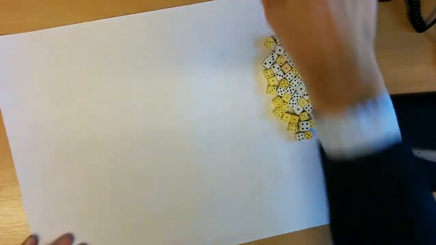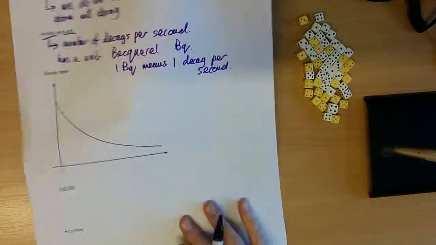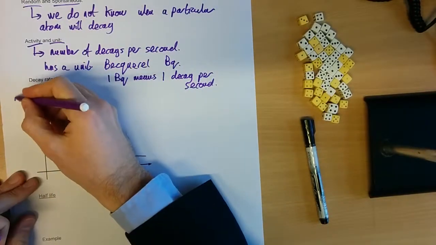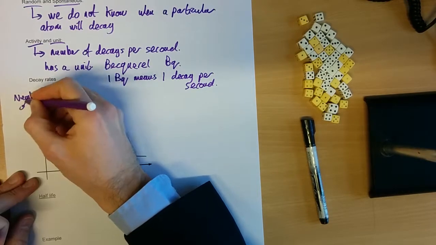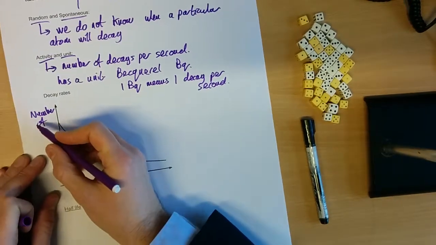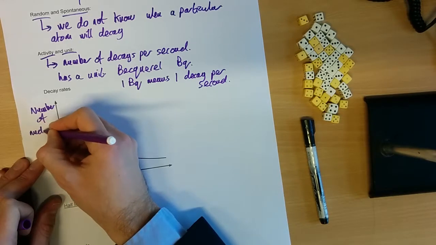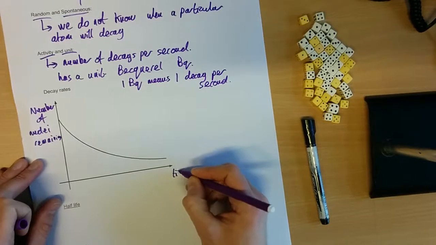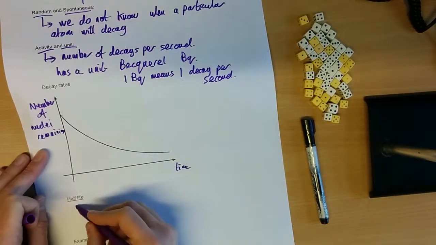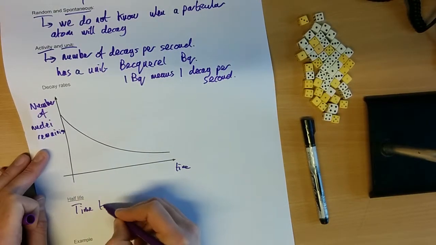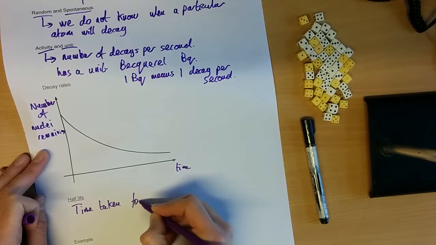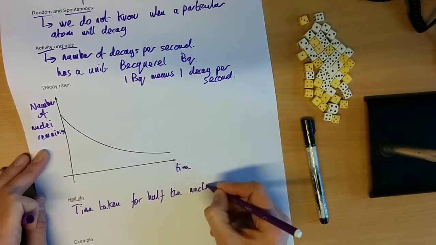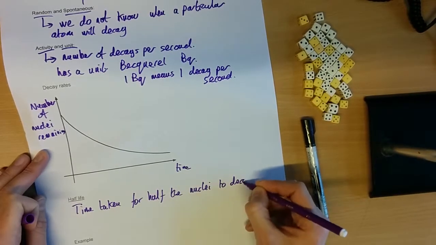So back over here. If this is our graph, this is the number of atoms or nuclei remaining, and then this is time, and the half-life is the time taken for half the nuclei to decay.